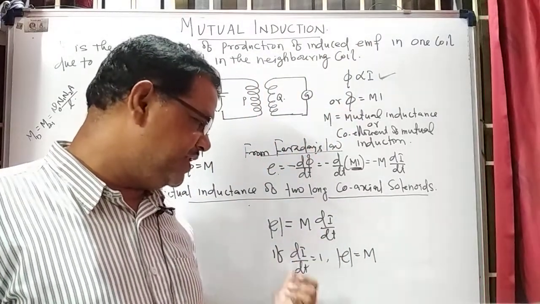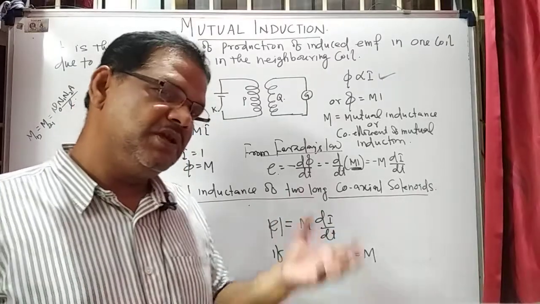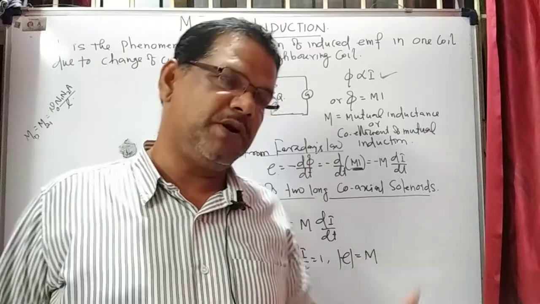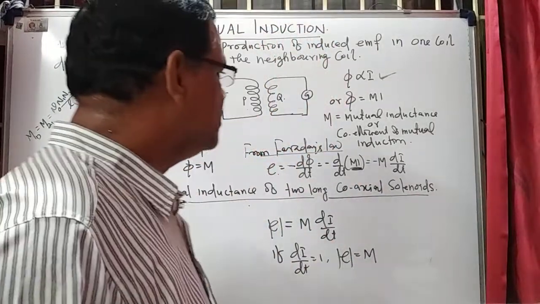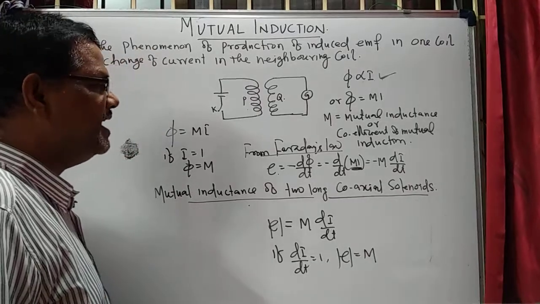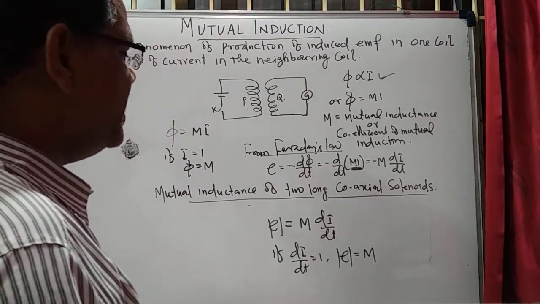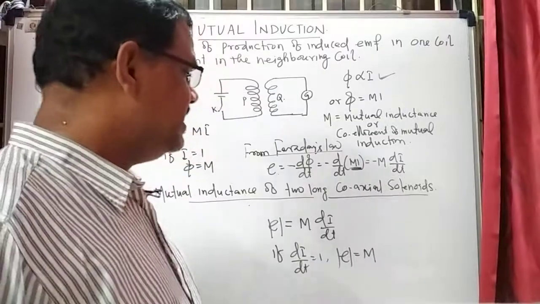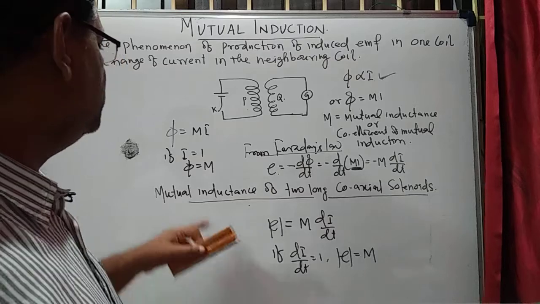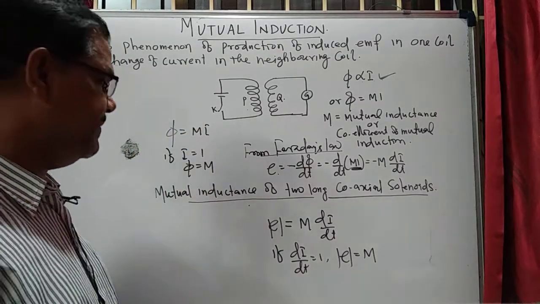If the current in the primary coil changes by 1 unit, then the amount of EMF produced in the second coil is equivalent to the mutual inductance. The unit is the same, Henry, and 1 Henry equals 1 Weber per 1 ampere.